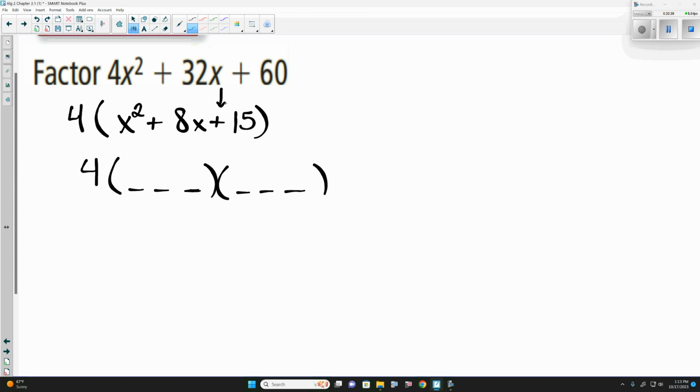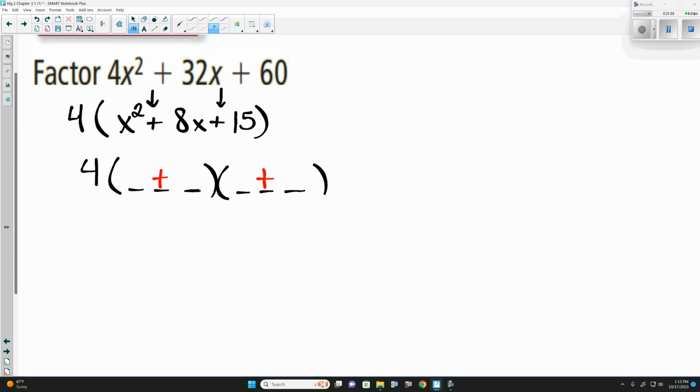So the third term is indeed positive, yes? So the signs are the same and match the sign of the middle term, which is also positive, so we have plus and plus. Questions on this here? So that takes care of steps 1, 2, and 3.